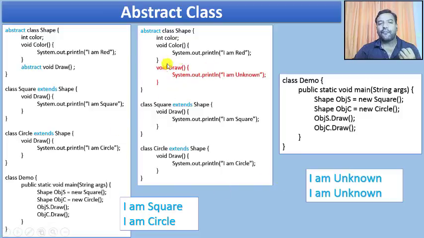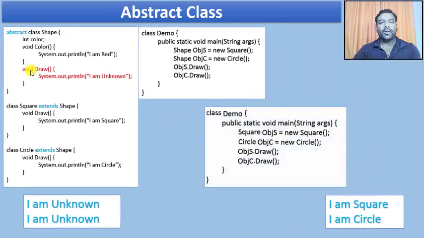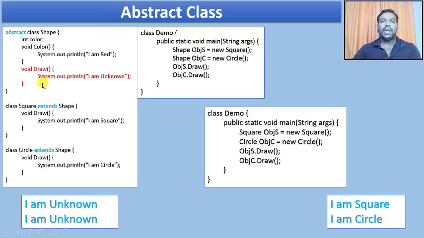So instead of having a common body for all the subclasses, I am going to have different bodies for the different subclasses by making a method an abstract method. So now we are going to make this void draw method an abstract method. And still if I want to get the appropriate output, then I cannot use the superclass object as a reference.